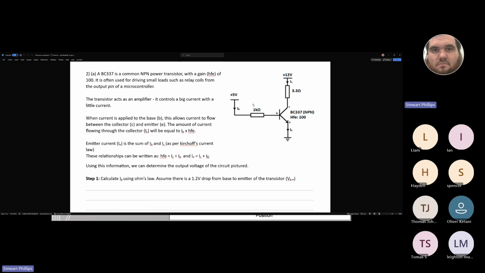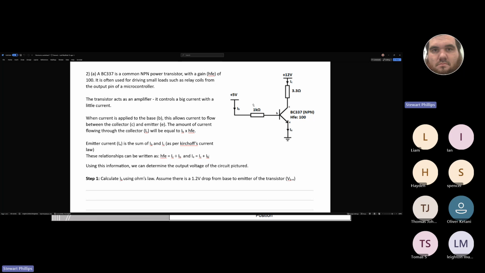So how much current would we have if 3.8 volts flows through a 1 kilo ohm resistor? Yep, that's in amps.